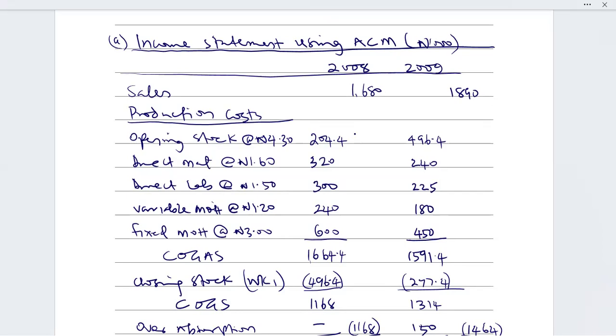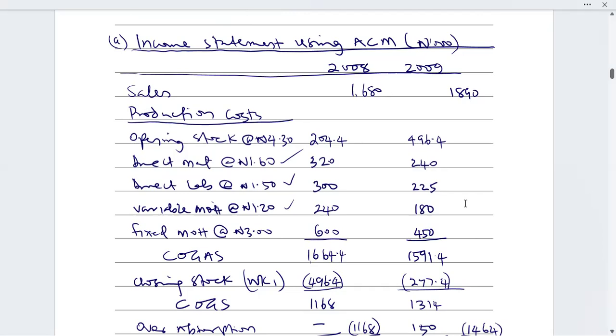Total variable cost per unit is direct material of 1 naira 60 kobo, direct labor of 1 naira 50 kobo, then variable overhead of 1 naira 20 kobo. When you add them together, that will give you 4.3. Is it clear now? Thank you.